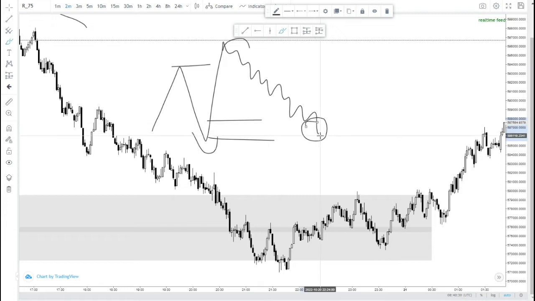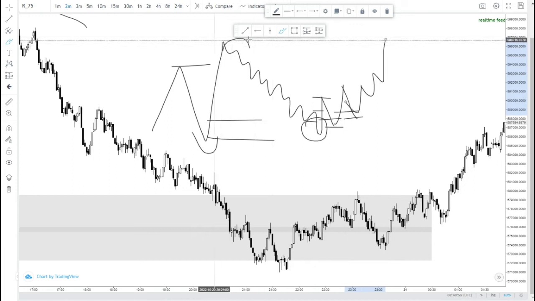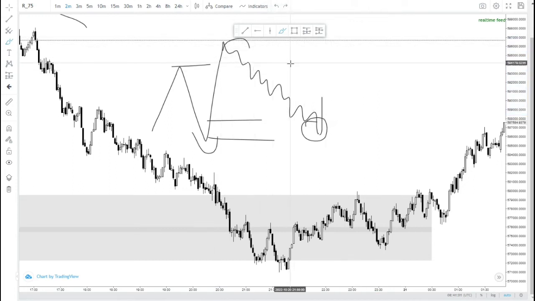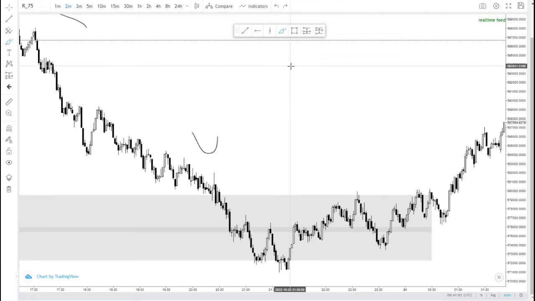Once that mitigation is done, we want to see price change its character from bearish to bullish, right? So what we want to see is this break, that retest entry, hopefully a break again, and another retest entry, and take price bullish from here towards the overall high as our next liquidity run. Lo and behold, that's exactly what we're looking at here.